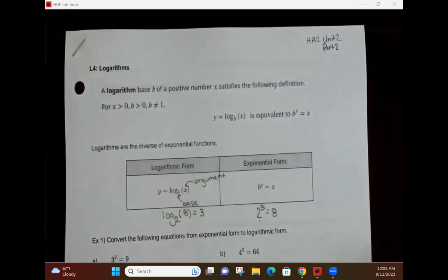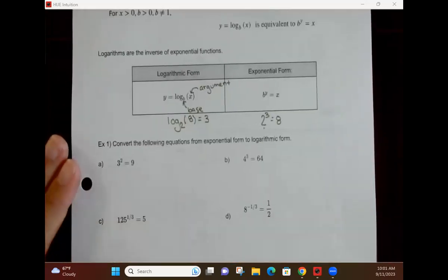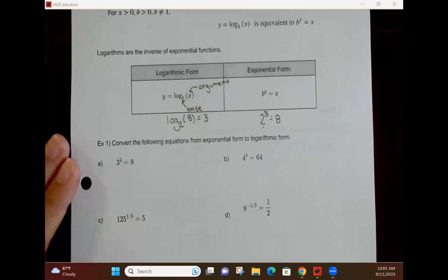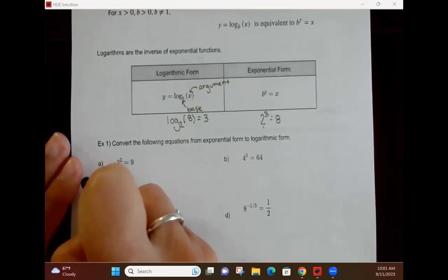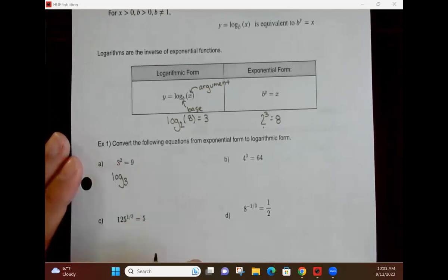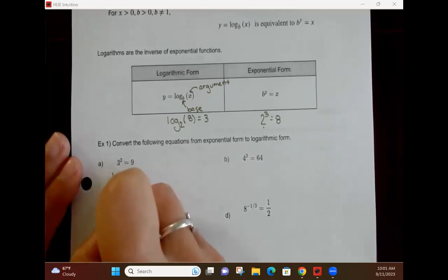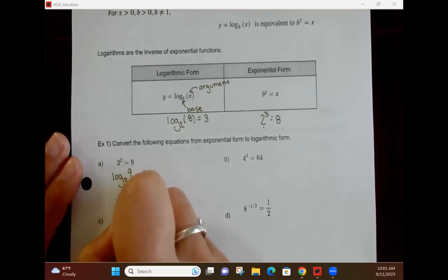So the first thing I want to talk about today is how to convert between these two forms, log form and exponential form. That honestly is the hardest part of this, getting that conversion down, okay? So if I have 3 squared equals 9, and I want to write this in log form, the base stays the same, so it would be log base 3 of 9 equals 2.